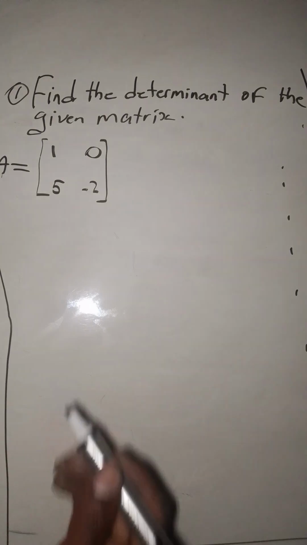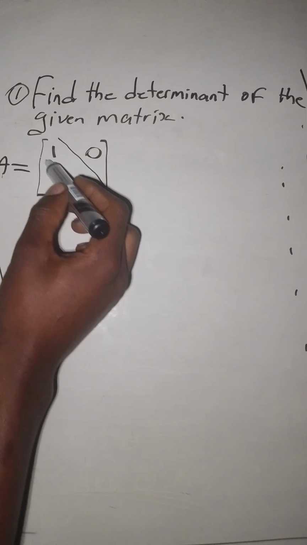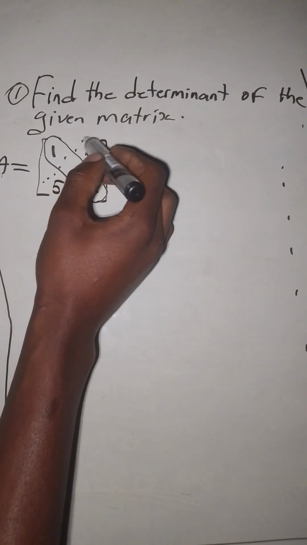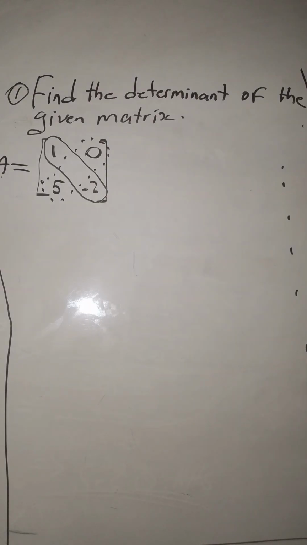We find the determinant of a 2 by 2 matrix by multiplying the entries in the leading diagonal and then finding the difference with the product of the trailing diagonal.